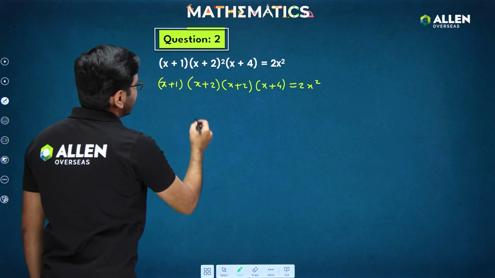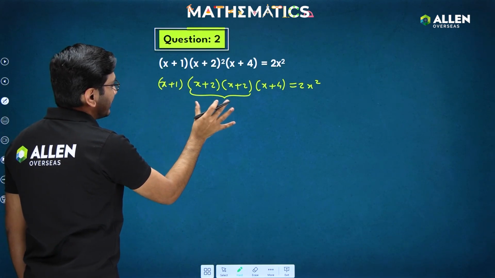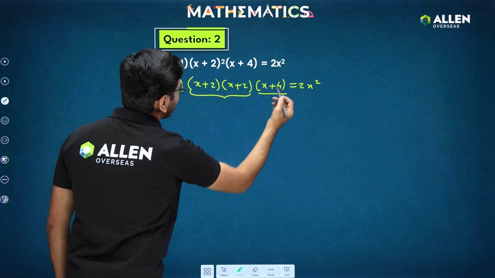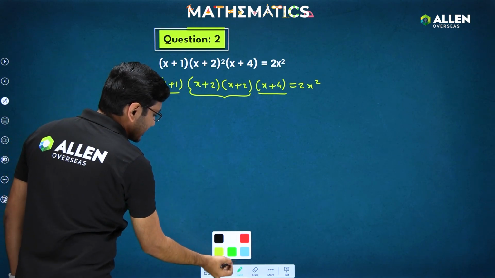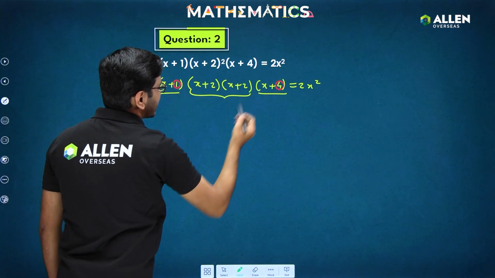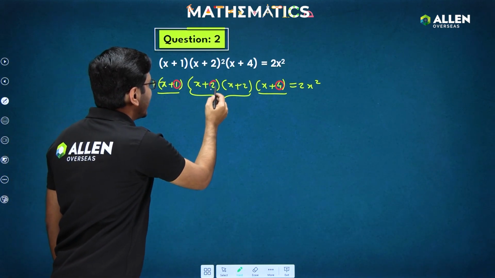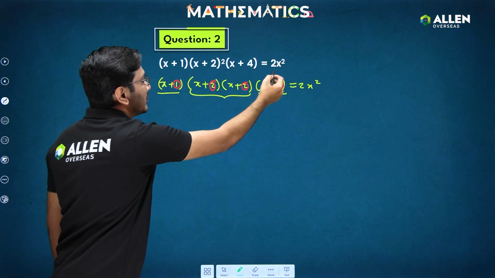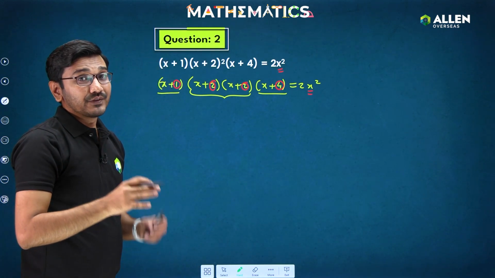Now you know what, this x plus 2, x plus 2, if you take them together, and x plus 1 and x plus 4 if you take together, why? Because here x plus 1 has coefficient 1 and the last constant term is 4. The product of 1 and 4 is 4, and the product of 2 and 2 is 4, and we also have an x square term, not a constant term. So definitely it is type 2 which we are learning now.